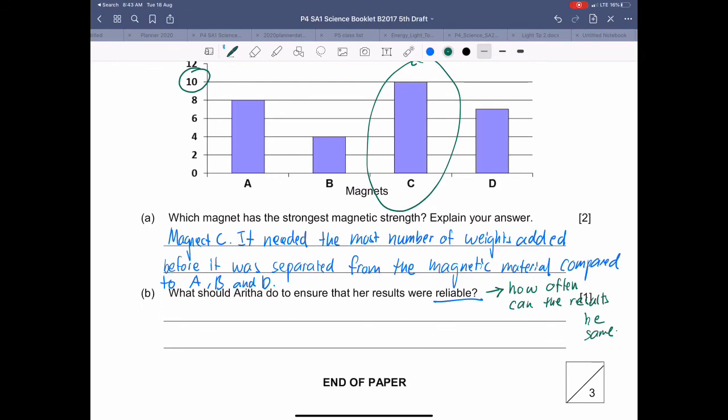So what you can do is repeat the experiment a few times.